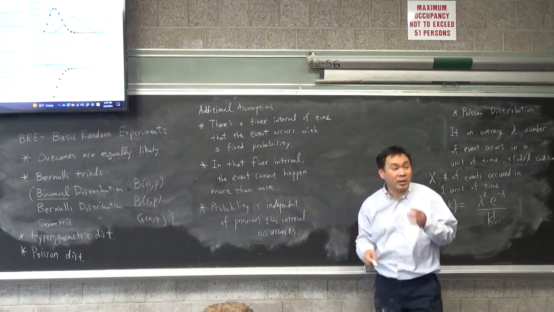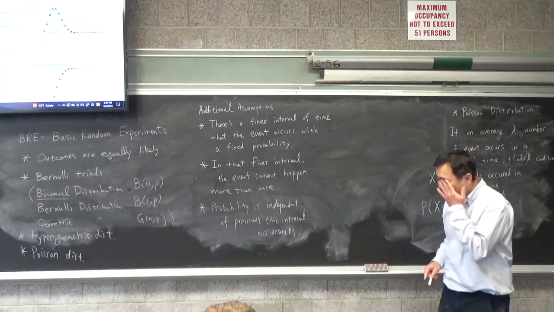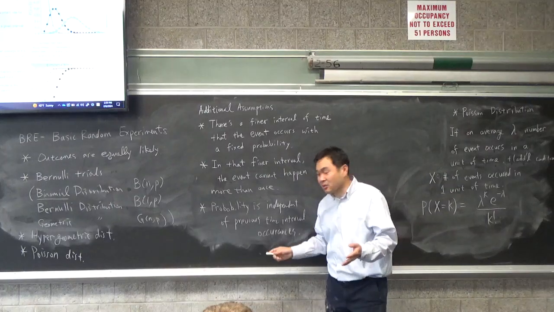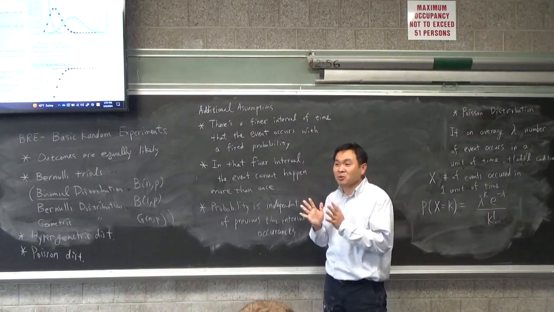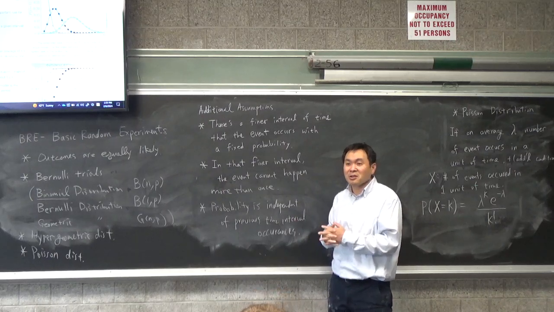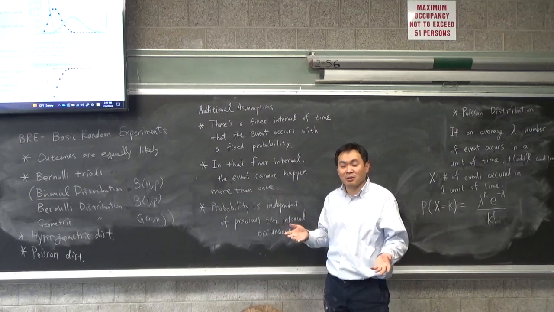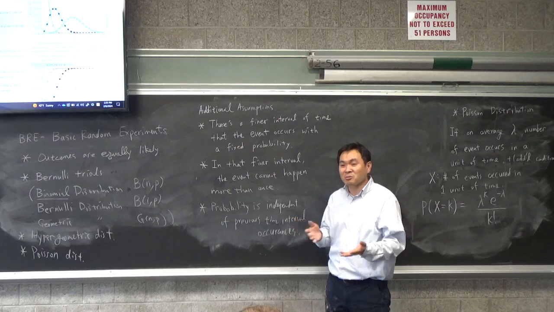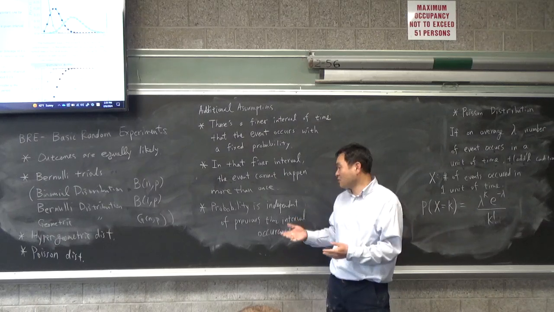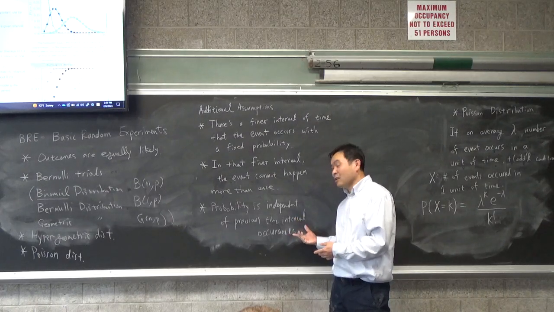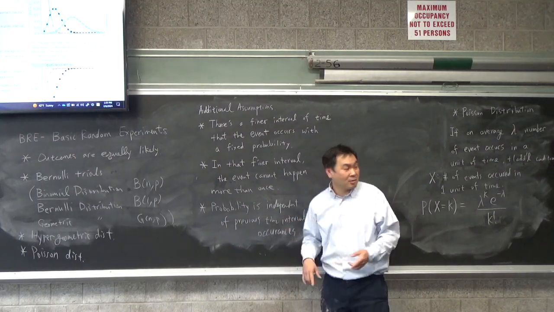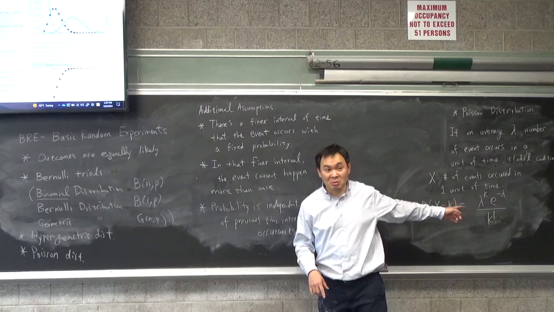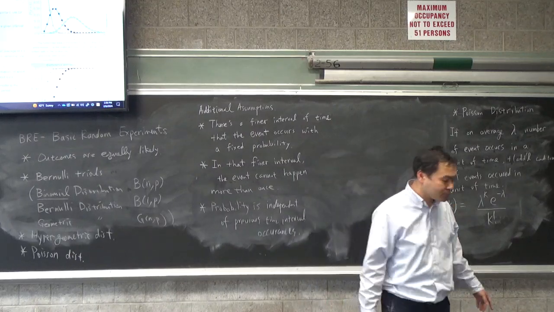So let's say we had a good day, like yesterday we had 1,000 customers. Does that mean today we're going to have a lot more customers than usual? We don't know. If it doesn't tell you anything about what's going to happen later, then this is the probability distribution that we use.